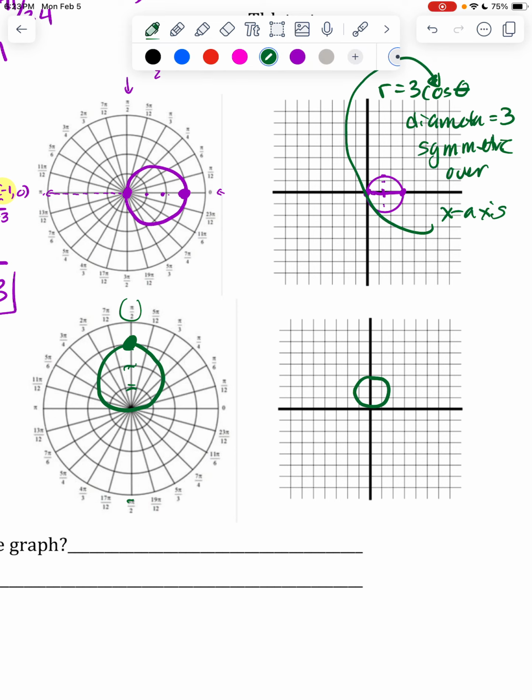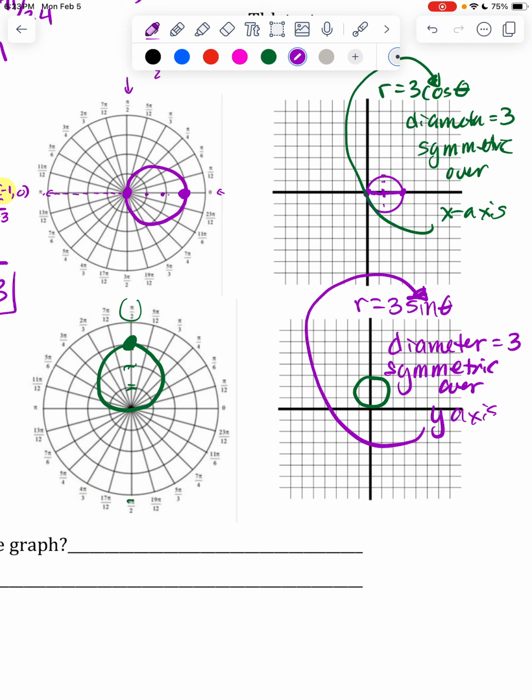Down here, when I tried the same exact thing, except I started with r equals 3 sine theta, I ended up with a circle that has a diameter of 3 still. So I feel pretty confident that it's going to just be that a value. But now if you look at the symmetry, this one is symmetric over the y-axis, which again, I feel like I can remember because if it's a sine equation and it's symmetric around the y-axis, I can handle that.